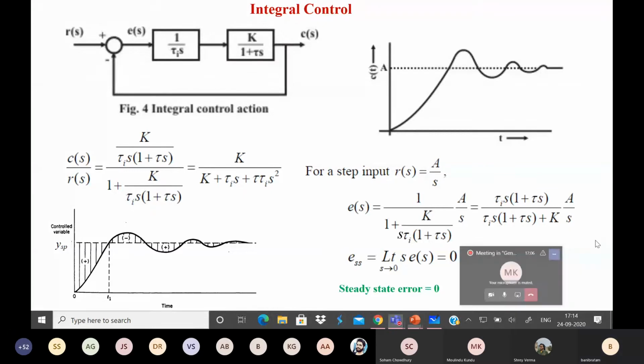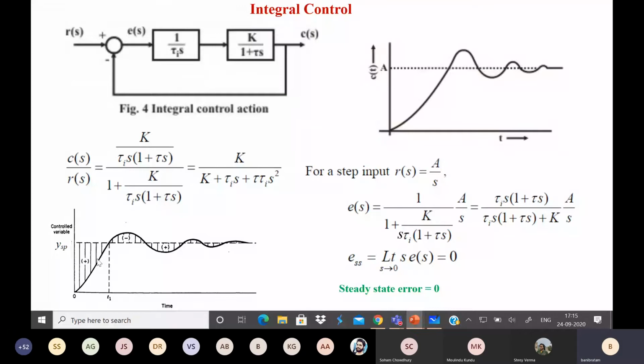So what we told is basically this integral action we discussed. Now if we want to understand from the physical aspect, what is happening? Initially the output is starting from 0, so the error will be maximum. Then as the output goes towards the input, the error is gradually reduced, but the error value will still be positive till this point.